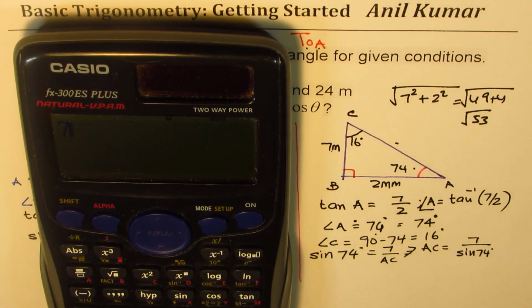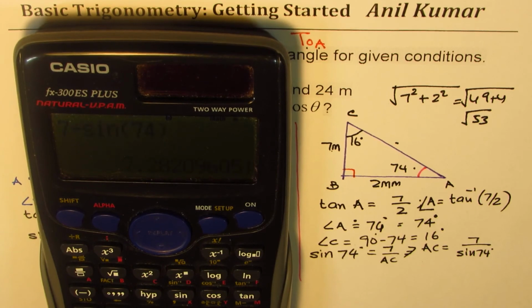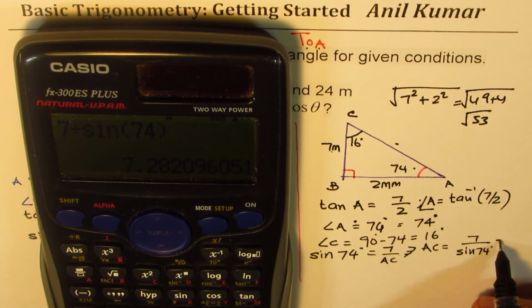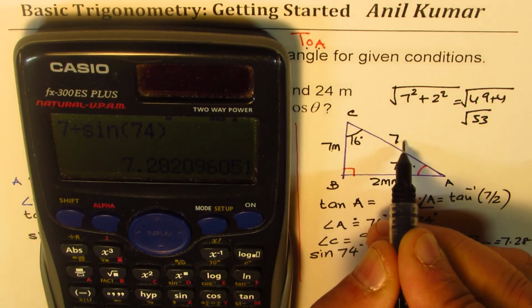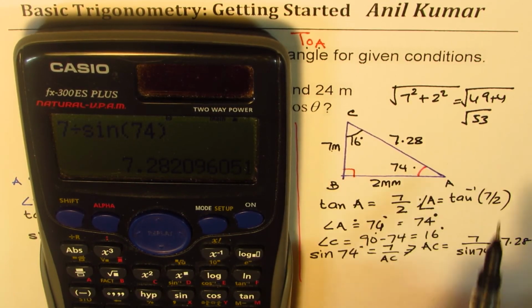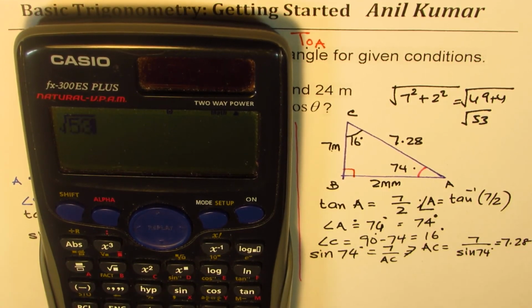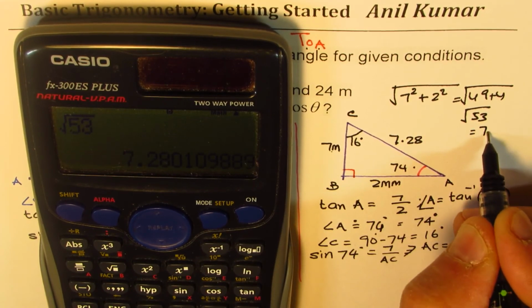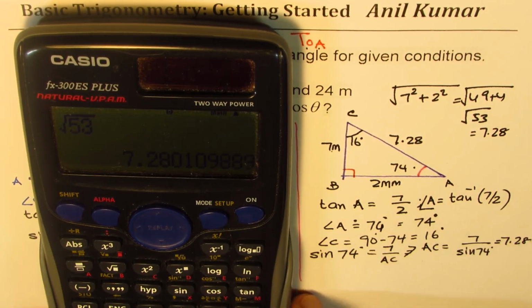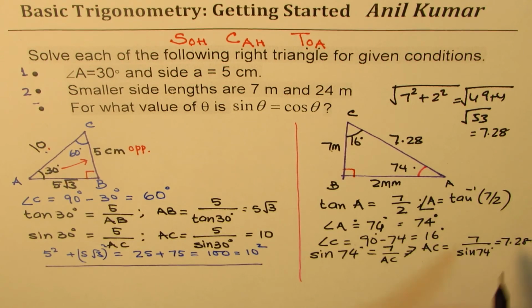We have 7 divided by sine of 74 degrees, and that gives us 7.28. So this side is approximately 7.28. Let's find what is the square root of 53. Square root of 53 is equal to, in decimals, also 7.28. Do you see that? So we get exactly the same answer.